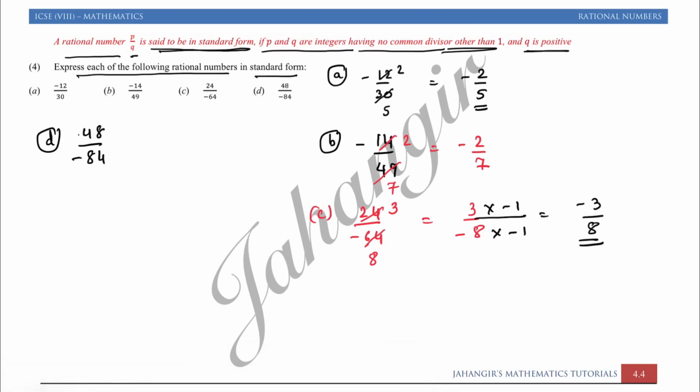Let us divide by 4 first. 4 ones are 4, 4 twos are 4 ones are... Again we can divide by 3. 3 fours, 3 sevens. Since the denominator is negative, we will multiply by minus 1. So you will get minus 4 upon 7. Okay, let us go on to the fifth question.